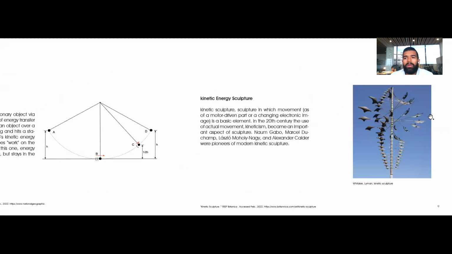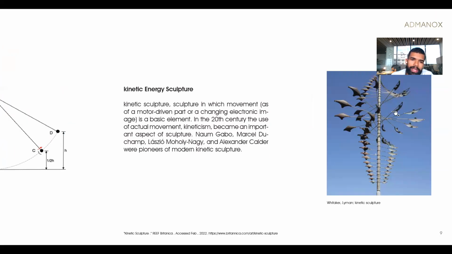So why do we want to create a kinetic energy sculpture? Kinetic sculpture is a sculpture in which movement is a basic element. In the 20th century, the use of actual movement, kineticism, became an important asset of sculpture.